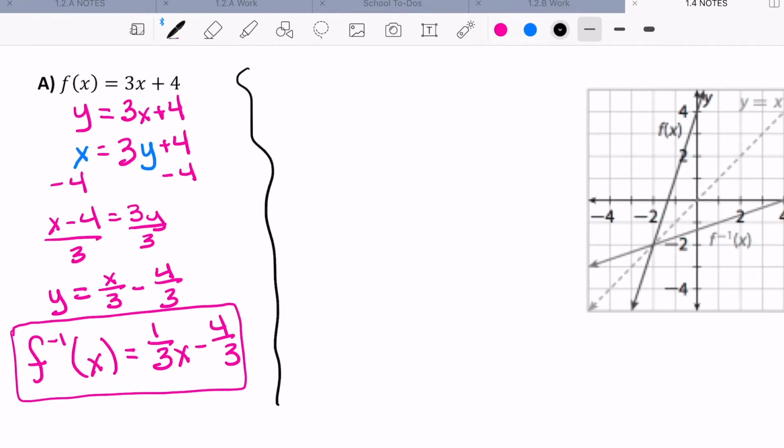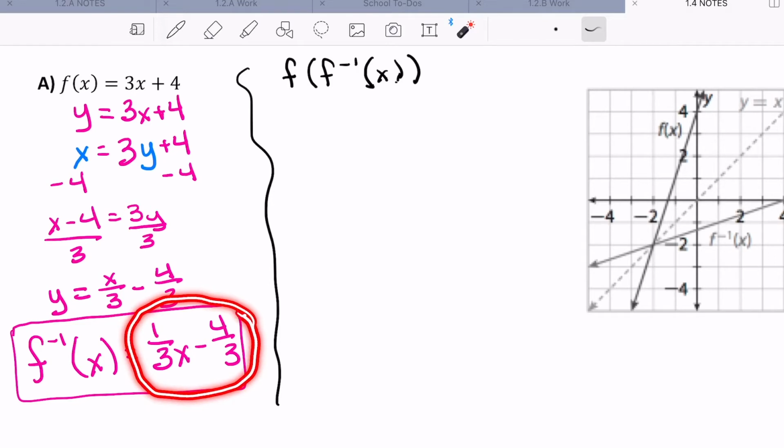And the way we prove it is we are going to substitute the function into the inverse function, the inverse function into the function of x, okay? What that means is I am going to take this value here from the inverse and plug it in for x in the original function.